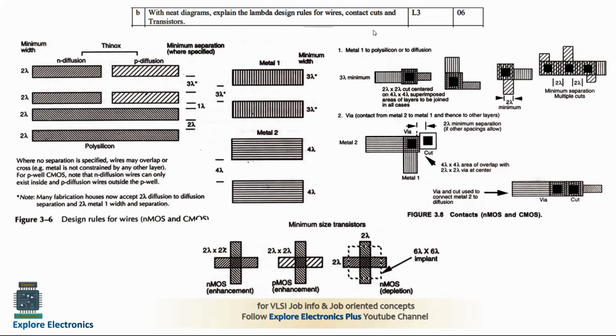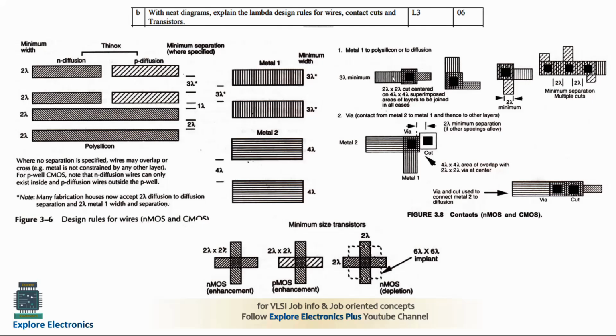Coming to contact cuts. A contact cut comes into the picture when metal is contacted with a diffusion like this, or polysilicon is contacted with a metal, or polysilicon is contacted with a diffusion, meaning two different types of layers are connected. We call it a contact cut.